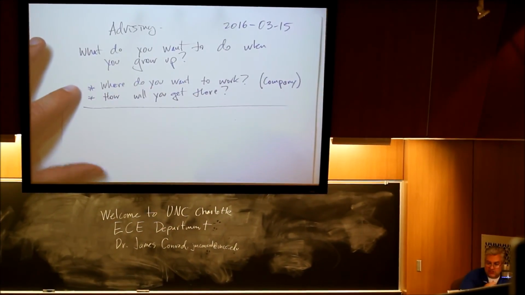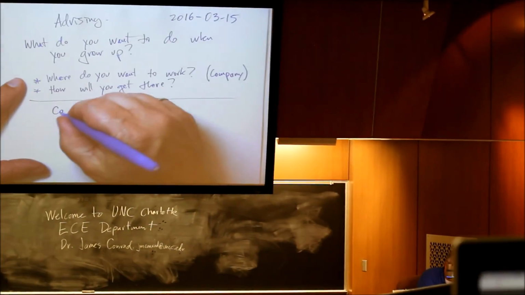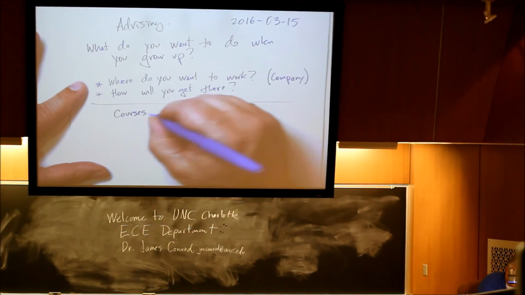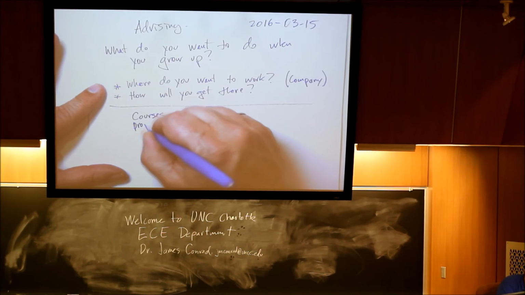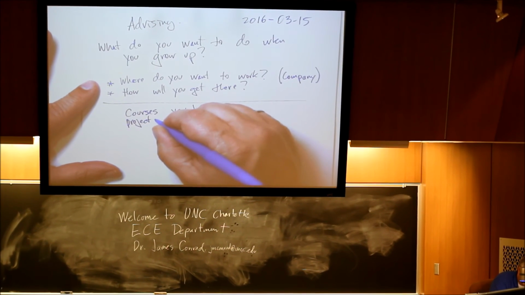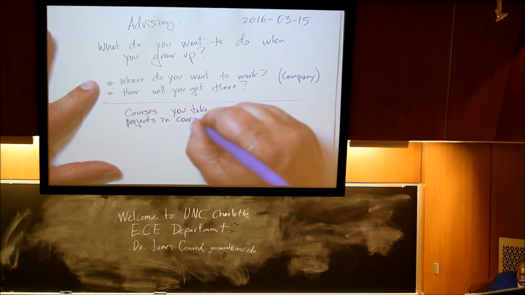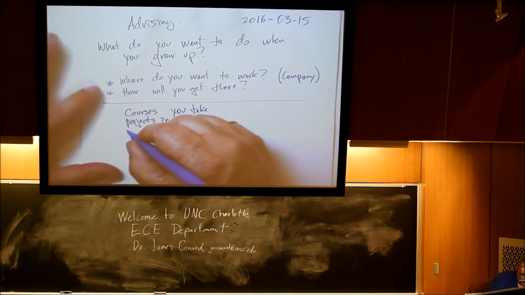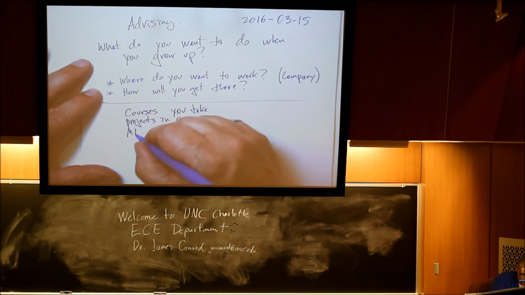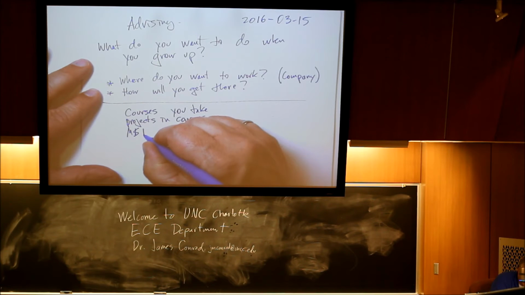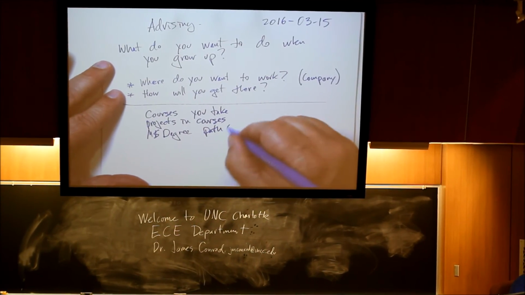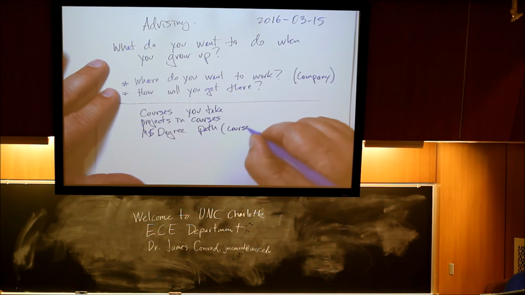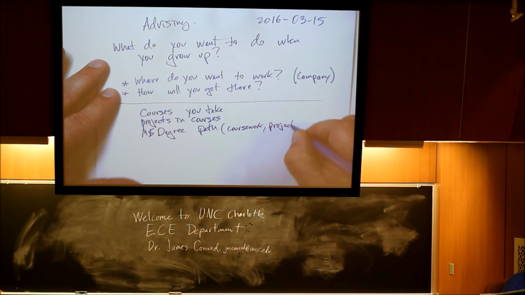So the determination of this will be not only the courses you do, but also the projects you do in courses, but also what your MS degree path is going to be. And here, as you know, it is coursework, project, and thesis.